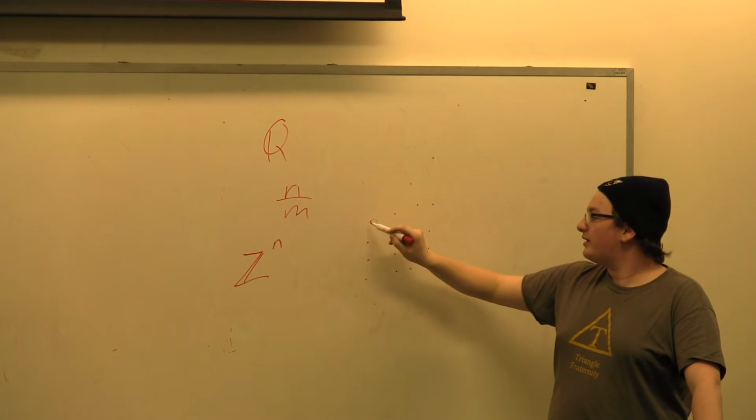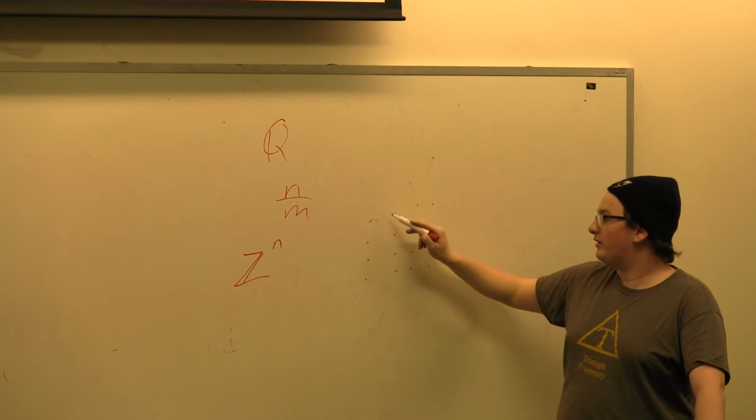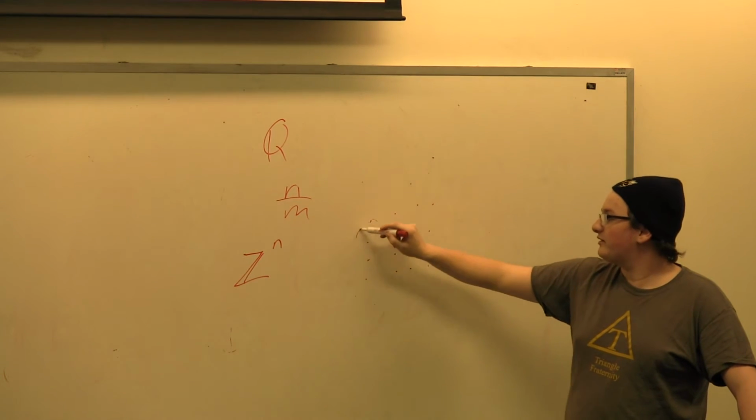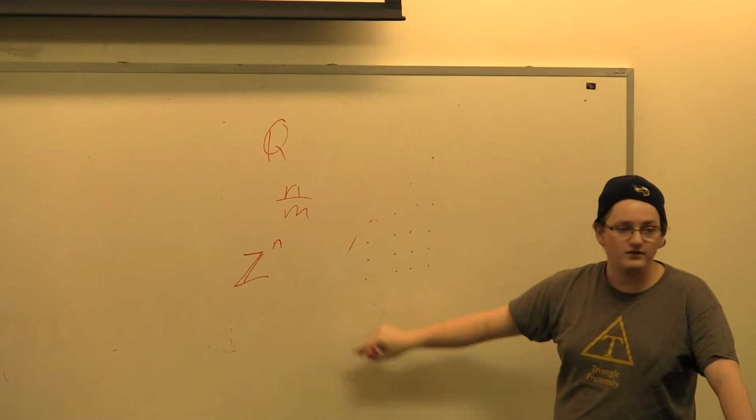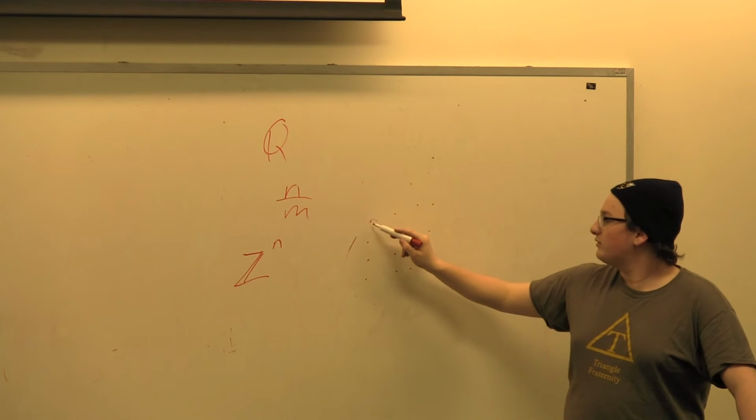Instead of doing the diagonal lines like we did for the case of Q, you can always do some spiral.